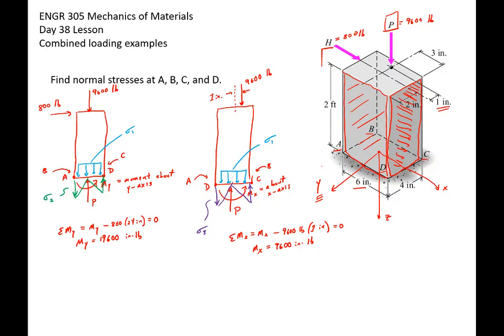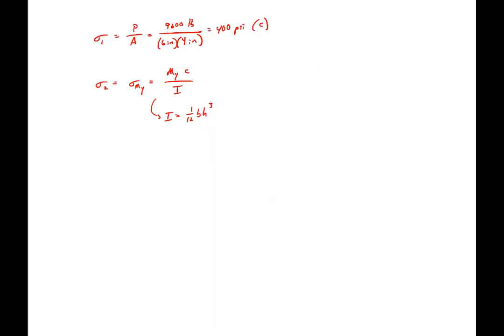So that means that when we calculate this, we're going to do something like this. This is the y-axis. This is 6 inches. This is 4 inches, which means my base is the 4 inches. The height is the 6 inches.